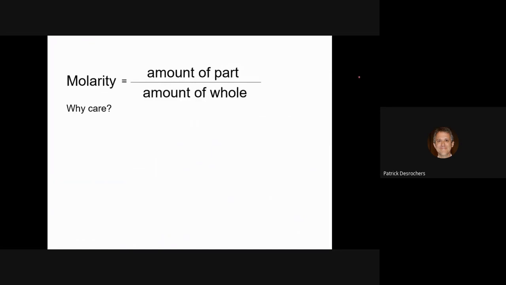So what concentration units do you have to be familiar with in chapter 8? You got to be familiar with this one. You got to be familiar with this one. And then you also got to be familiar, because we're in a chemistry building virtually, with this one. Okay. And so this is a new concentration unit.